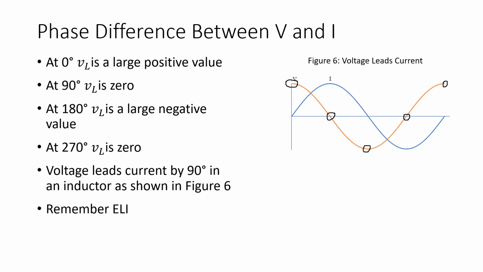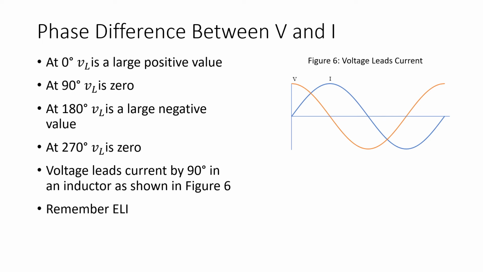So looking at the sine waves in figure 6, note that voltage and current do not happen at the same time in an inductor. The voltage leads the current by 90 degrees.